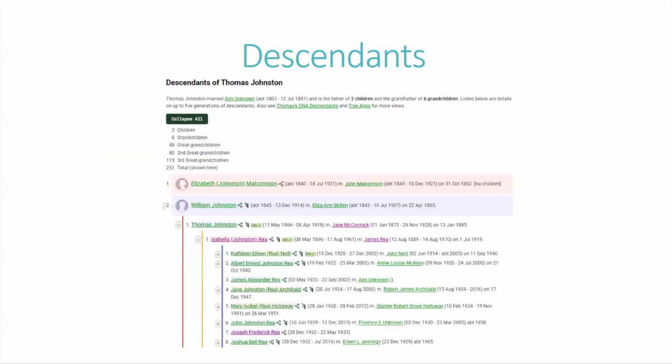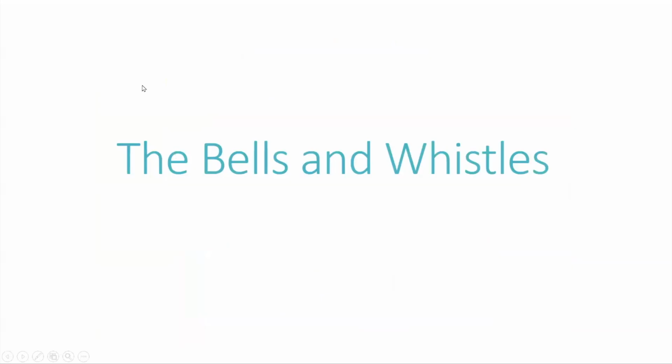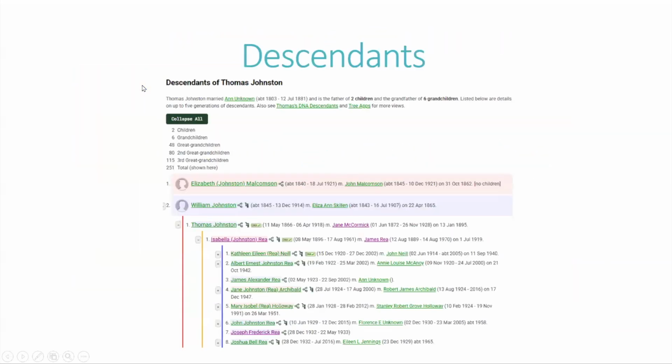But that was ancestors; if you want descendants, this is me with my great-great-grandfather, Thomas Johnson. And if I clicked on that, sorry, in the menu options, it allows you to get information on the descendants of that particular person. So you can see it gives you a little bit of summary information at the top.